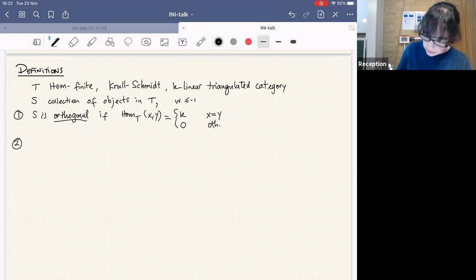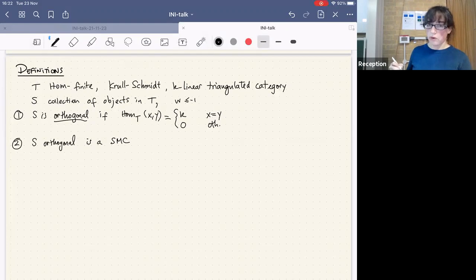Okay, so now take S to be orthogonal. So this S is a simple-minded collection. Okay, now I'll denote by SMC from now on, simple-minded collection, if it satisfies two conditions. So again, it's going to be similar to the silting part. So there's an Ext vanishing condition, and there's a generating condition.